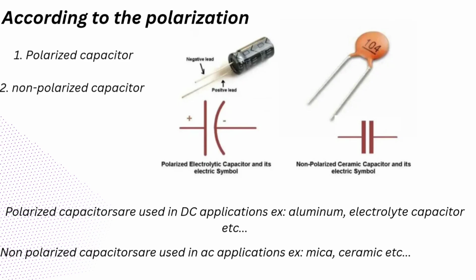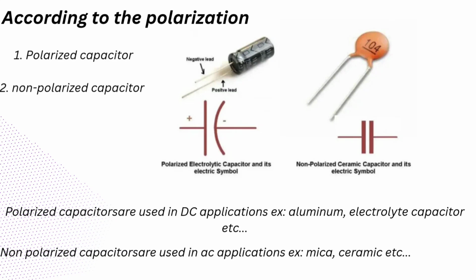According to polarization, capacitors are classified into two types: polarized capacitors and non-polarized capacitors. Polarized means there are particular markings, like one terminal positive and another terminal negative. Non-polarized means there are no such markings for that capacitor.